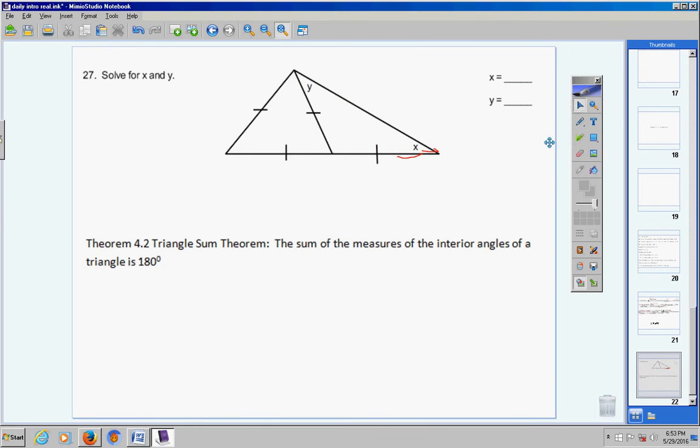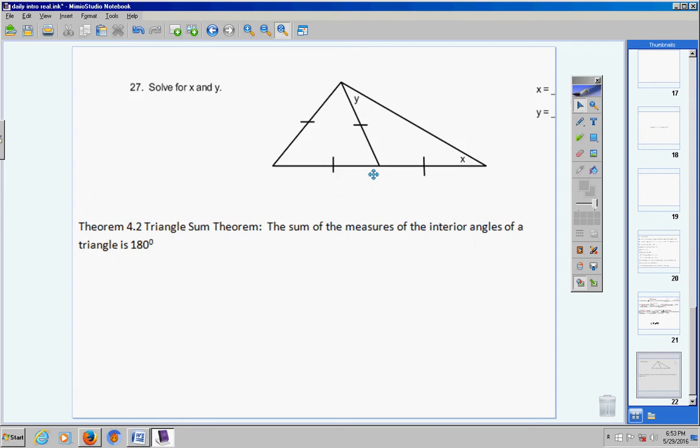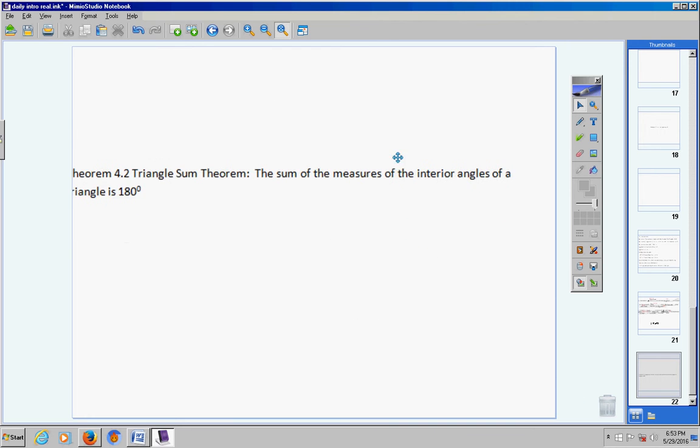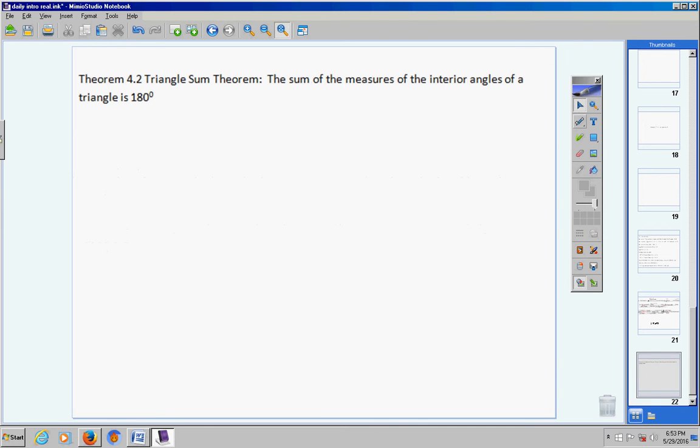Now you did something on your test that's a geometry no. You can't do this, okay? You were trying to prove a theorem. Listen, anytime you're proving a theorem, you have to use information that came before that theorem.